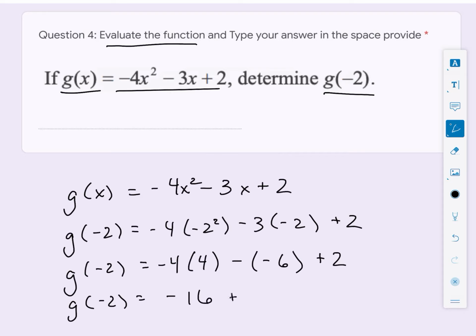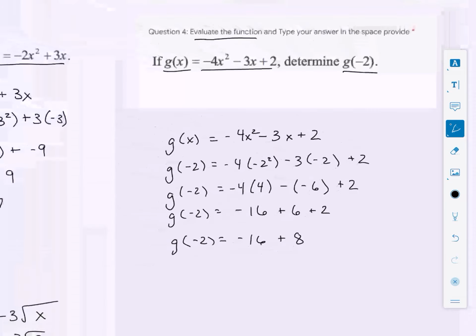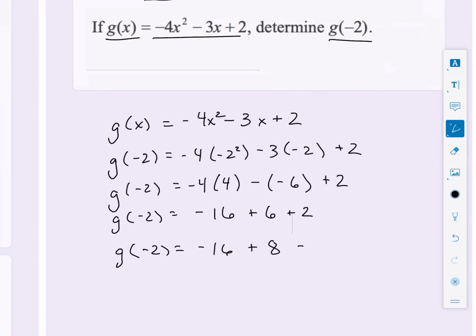Negative and a negative make a positive, so therefore I'll add 6. And I'll add 2. And lastly, g of negative 2 equals negative 16 plus 8. And that'll give me my final answer of negative 8.